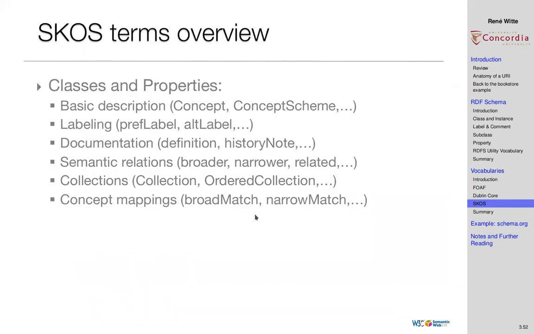So what SKOS gives you is existing classes and properties for describing concepts, giving them labels, both preferred labels and alternative labels, definitions for those, as well as semantic relations like related entries, broader entries, and narrower entries.